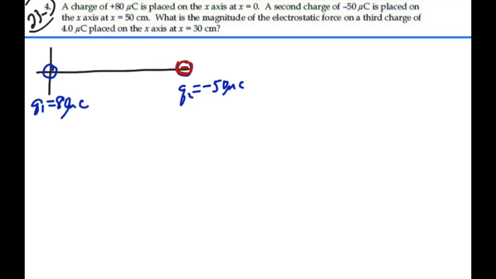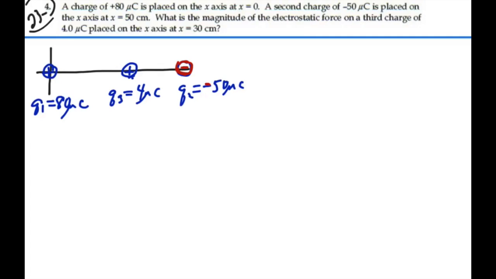It's a negative charge. And then we have a third charge, Q3, located at x equals 0.3, and that's equal to 4 microcoulombs. So that's a positive charge, and that first one's a positive charge.